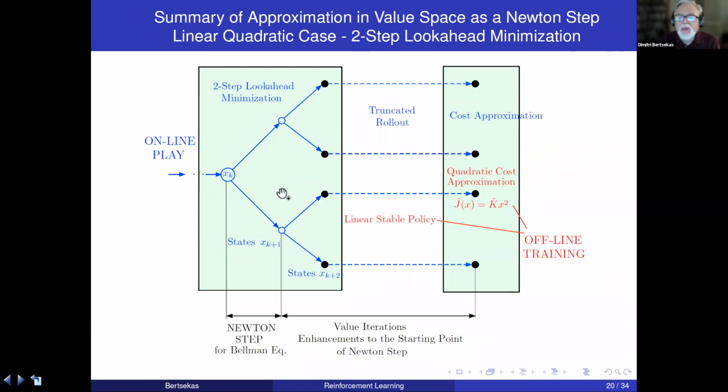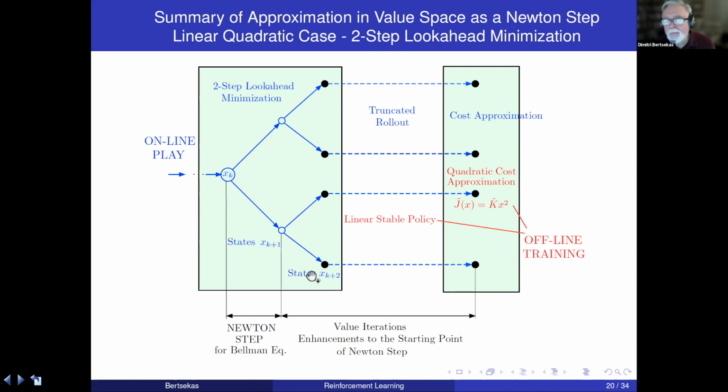Now, this relates to the very first figure that I gave in this class, of AlphaZero. AlphaZero and related schemes involve, at the current state, a multi-step look-ahead minimization, possibly truncated rollout, and cost function approximation at the end.